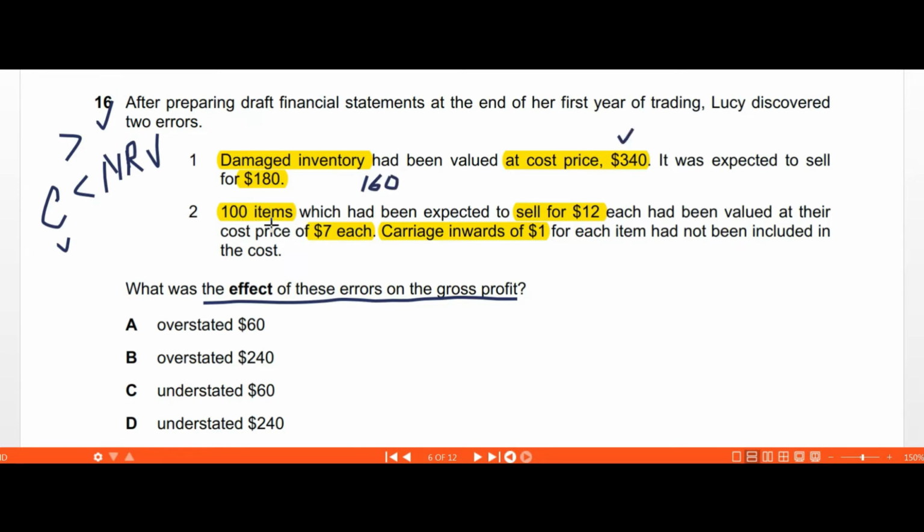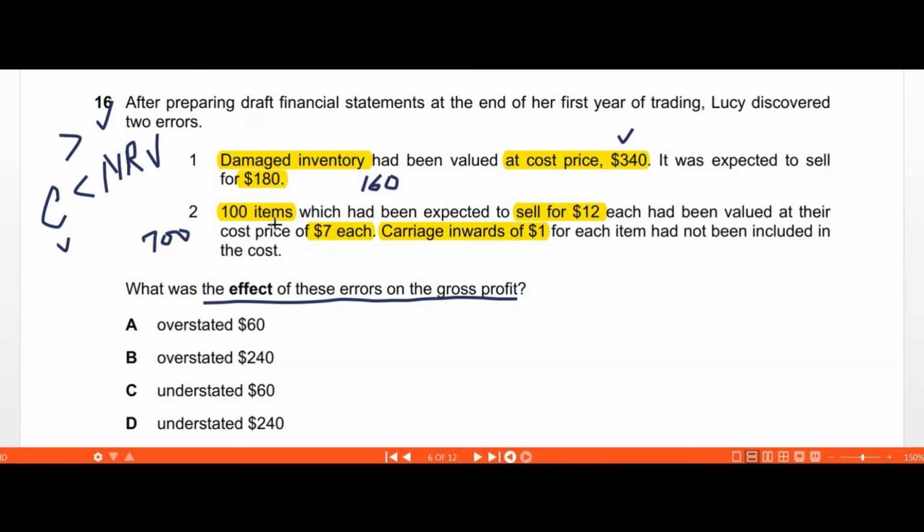For the second item, these are 100 items which are expected to sell for 12 each, valued at their cost price of 7 each. So 7 into 100 will be 700, and there is a carriage inwards of $1, so 700 plus 100 makes it 800.